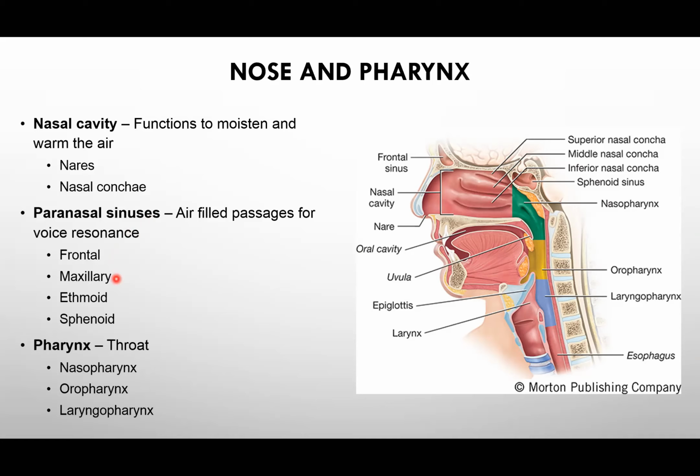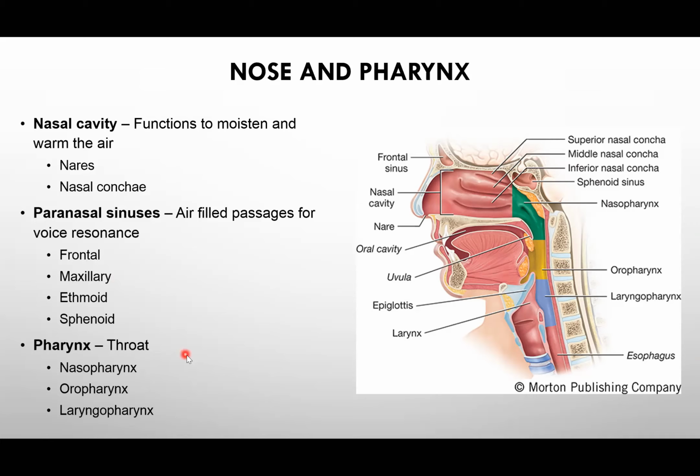The maxillary sinuses are the ones that are right along your cheekbones. And then ethmoid sinuses are the ones that are on the lateral bridges of your nose right by your eyes. Just on the inside corner of your eyes are the ethmoid sinuses.